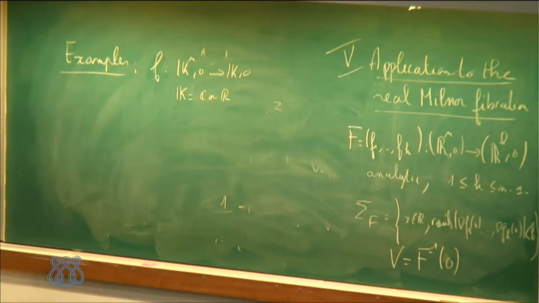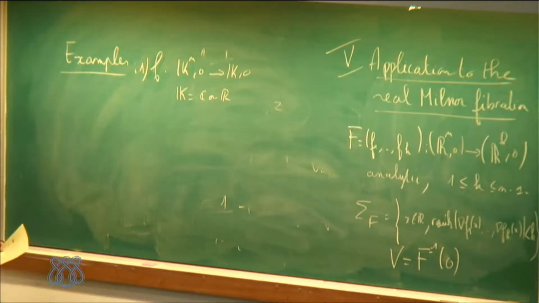The fact that condition A is satisfied is well known. It can be proved by applying the curve selection lemma. And condition B is due to the fact that the AF condition is satisfied. In the complex case, it was proved by Lê and Lam, and in the real case by Kaïm Bekka. So this is a first example.